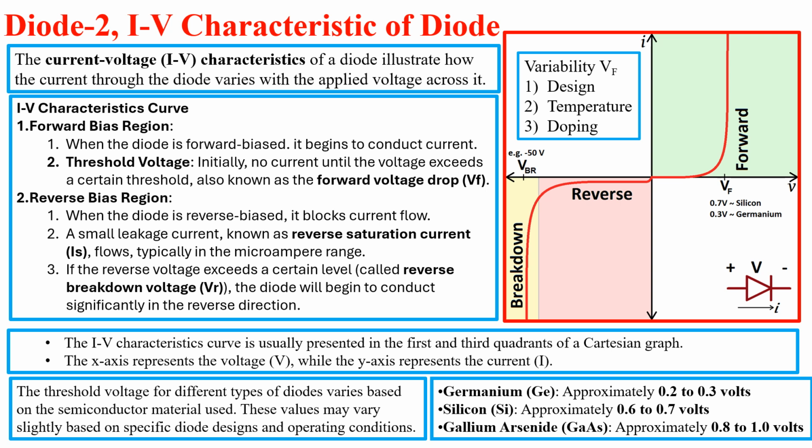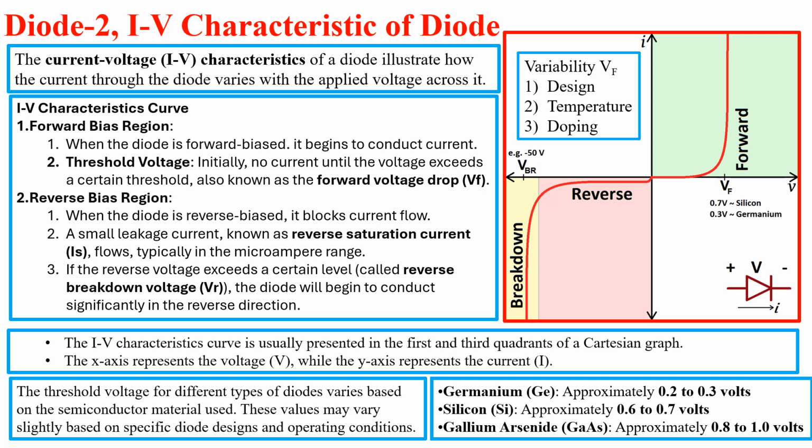For silicon diodes, the threshold voltage is approximately 0.6 to 0.7 volt in most semiconductor devices. Silicon diodes are the most commonly used type of diode in modern VLSI and ULSI circuits. They have a higher forward voltage drop compared to germanium, which makes them suitable for a wide range of applications, including power supplies and rectifiers.